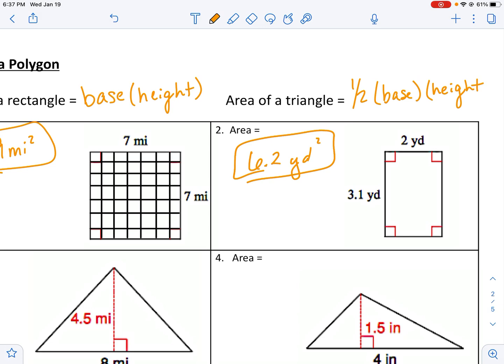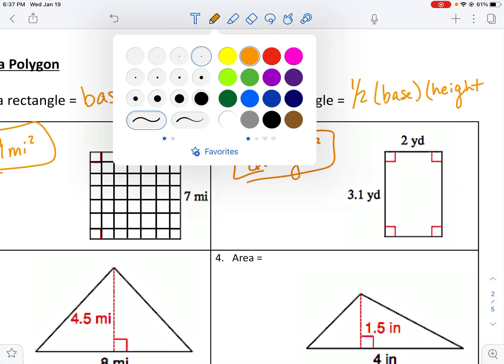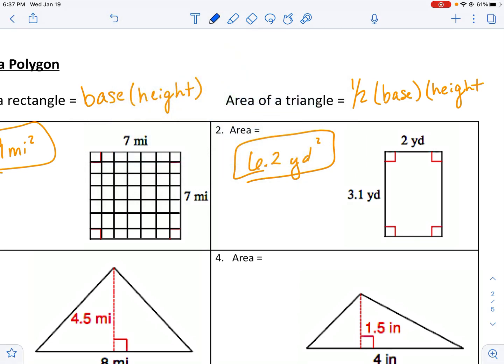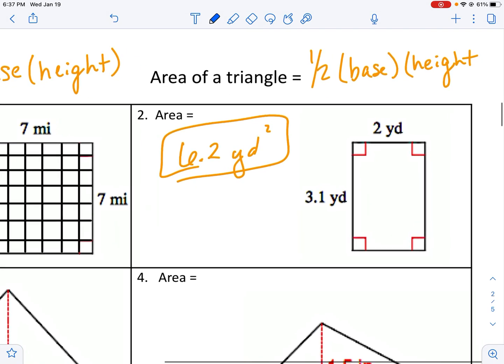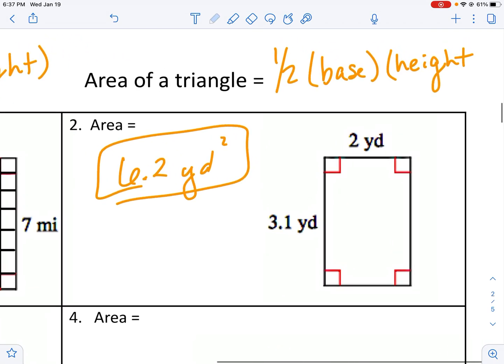Now the reason why the area of a triangle is 1/2 base times height is that if I take my rectangle and make it into 2 triangles, the area of this triangle wouldn't be the whole base times height, the whole rectangle. I'm finding just half of the rectangle here.